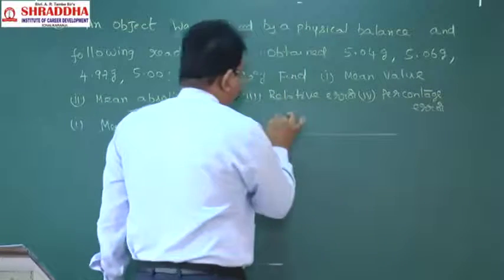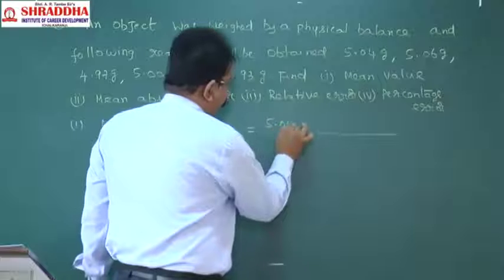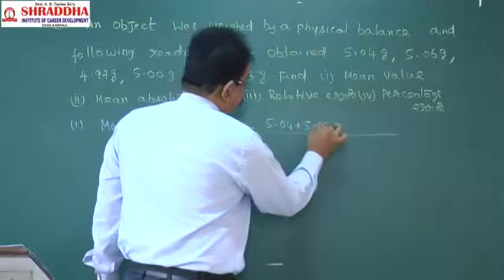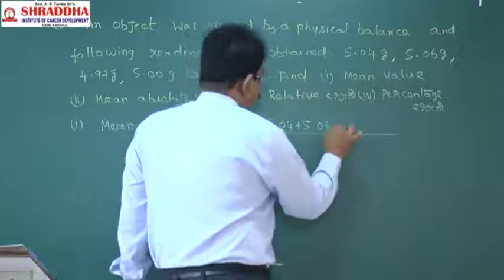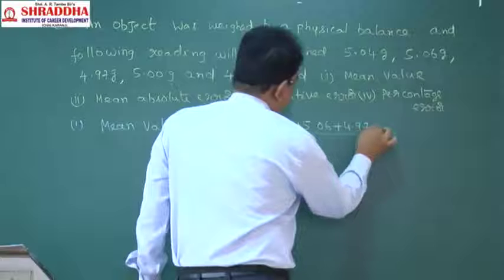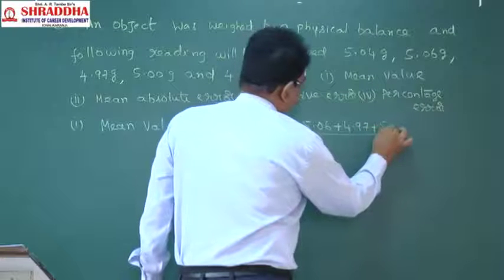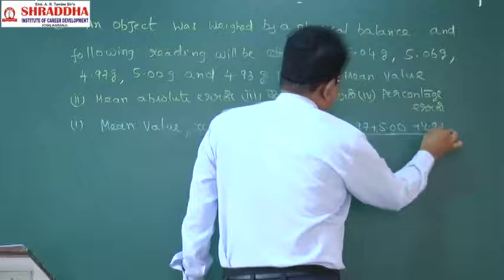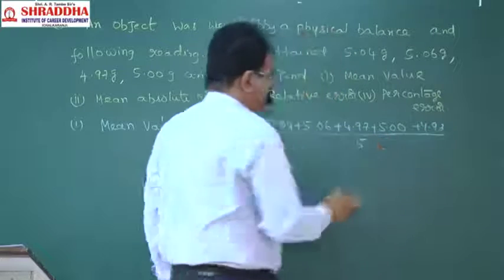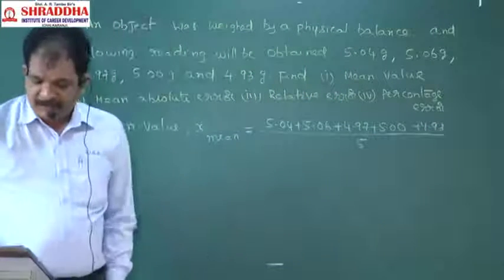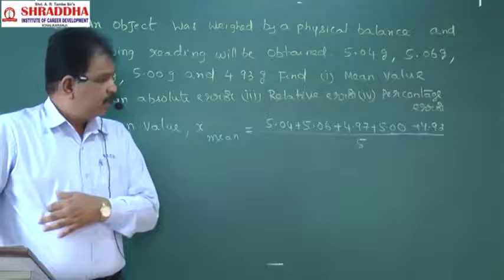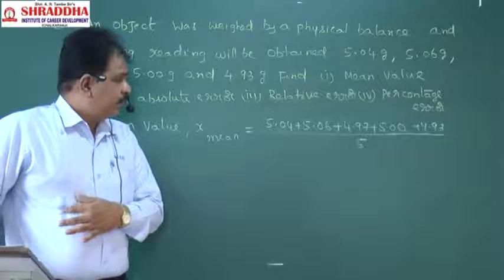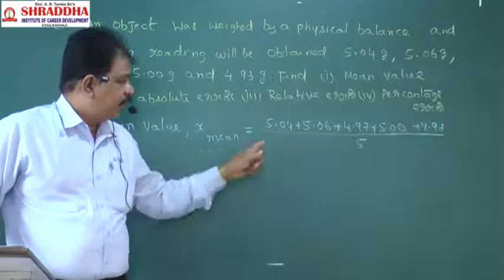So 5.04, 5.06, 4.97, 5.00, 4.93 divided by 5. Then we will get the mean value.